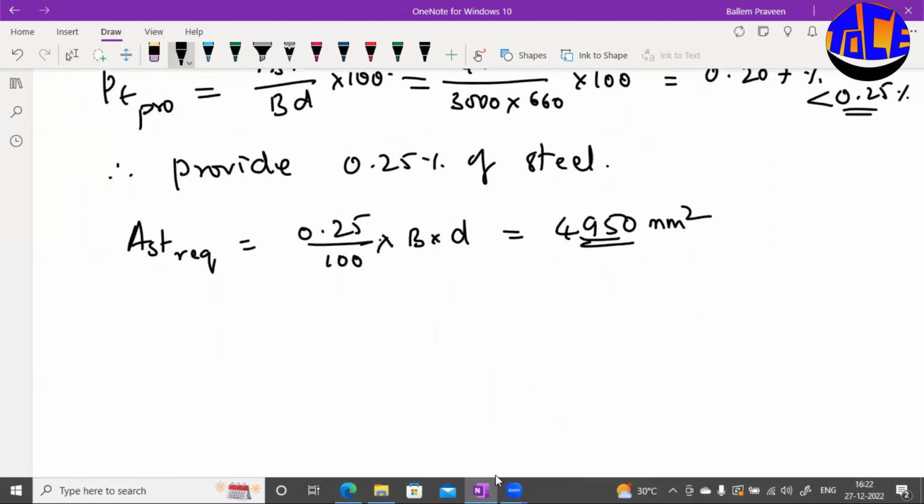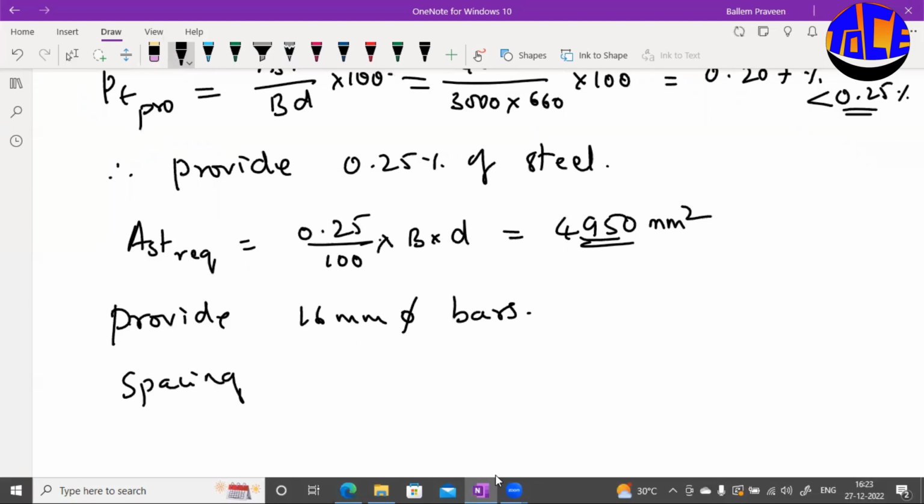That is the reference. Okay, so let us provide 16 mm dia bars, or you can take 10 mm dia bars also. So let us provide 16 mm dia bars since the AST is higher. If you provide 16 mm dia bars, the spacing will be small ast divided by capital AST into the width.